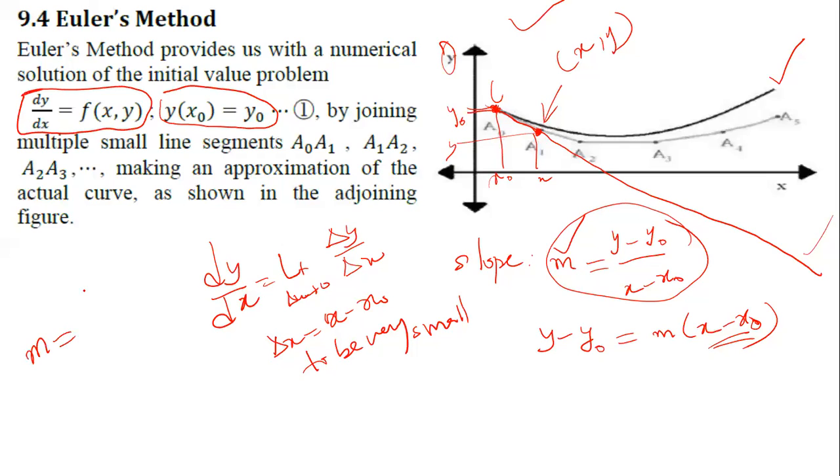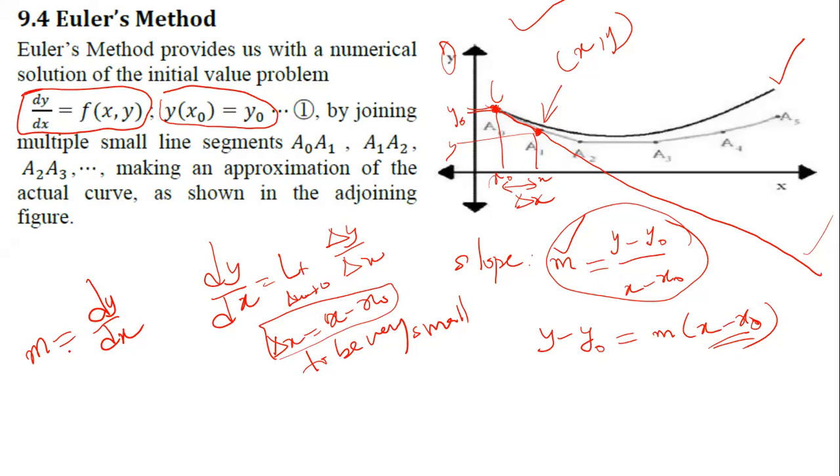So m will be equivalent to dy upon dx when you consider this increment del x to be very small. When you consider del x to be very small, your slope m will be equivalent to your differentiation dy upon dx.